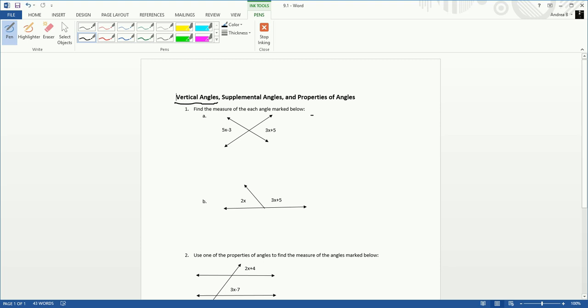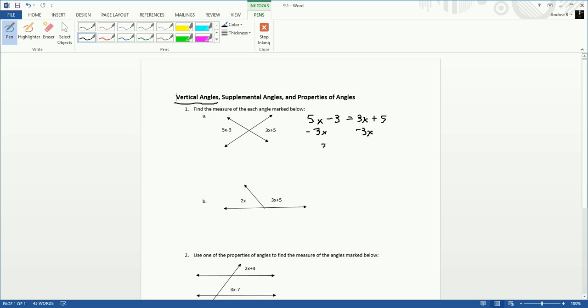So to solve for what those are, we want to set the 5x minus 3 equal to the 3x plus 5. And then we want to go through and solve for x first of all. So you can go through and solve like normal. So one way to do that is to subtract the 3x on both sides to get the x's together.